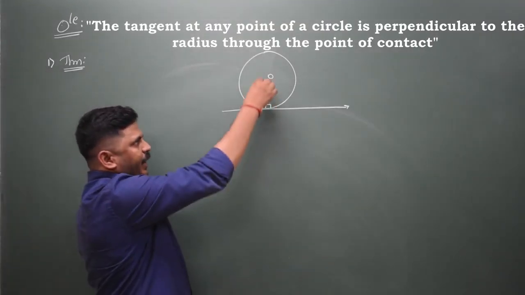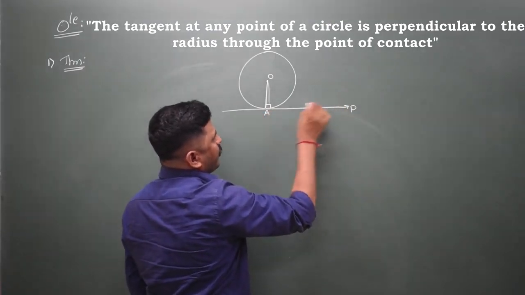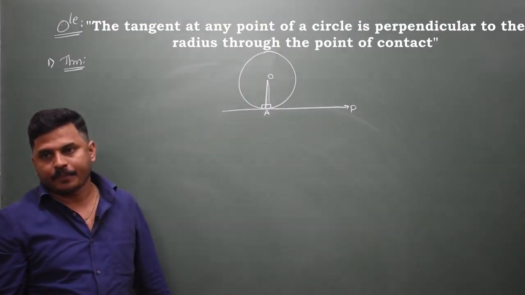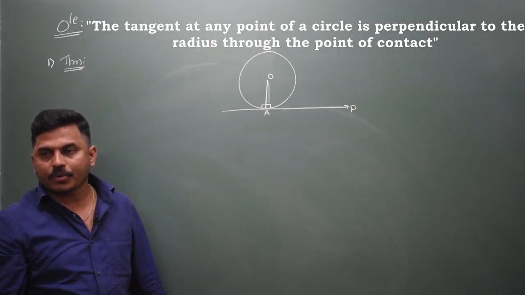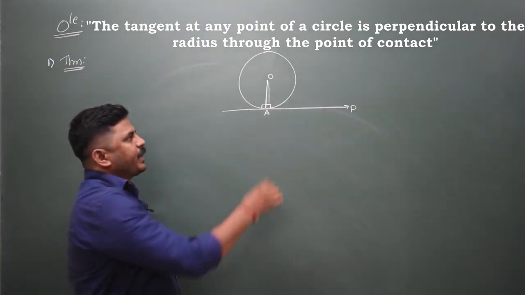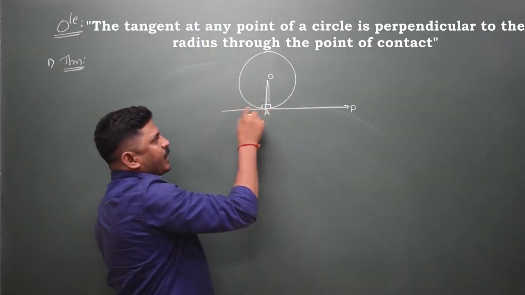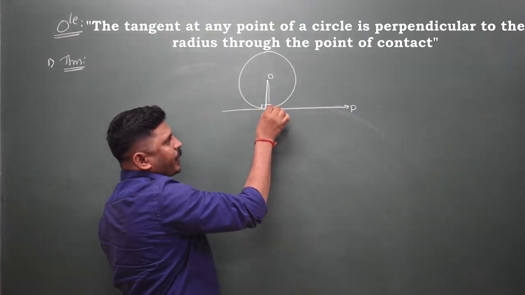Radius is always perpendicular to the tangent. Where? At the point of contact.